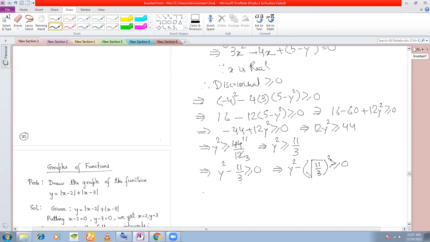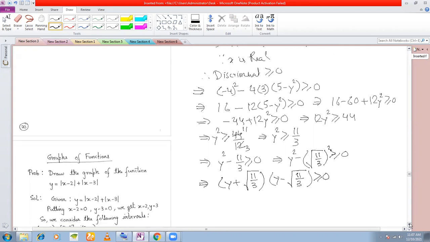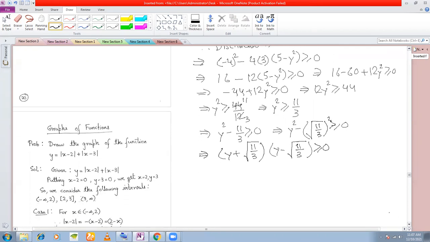Now you can write this as y plus root 11 by 3 into y minus root 11 by 3 greater than or equal to 0, by the method of intervals. What should be your answer? If you equate y minus root 11 by 3 equal to 0, you get y is equal to plus root 11 by 3. And if you equate y plus root 11 by 3 to 0, you get y is equal to minus root 11 by 3. So the lower one is minus root 11 by 3.